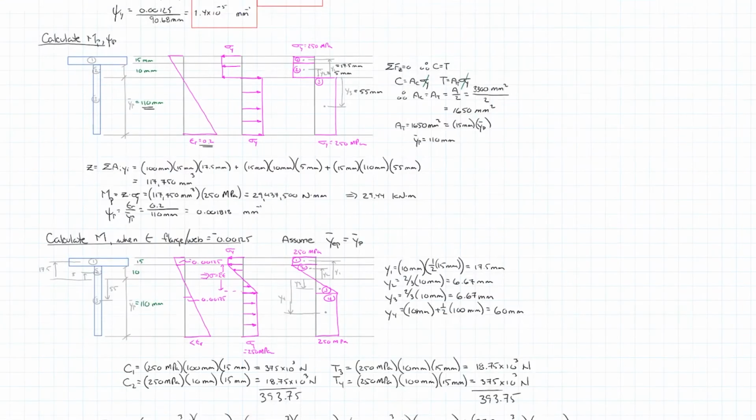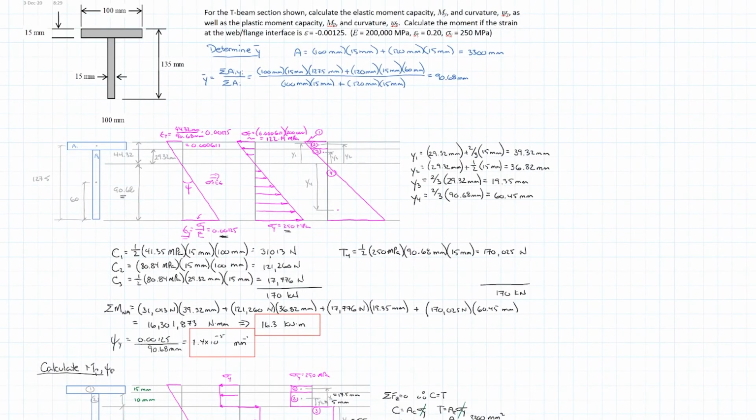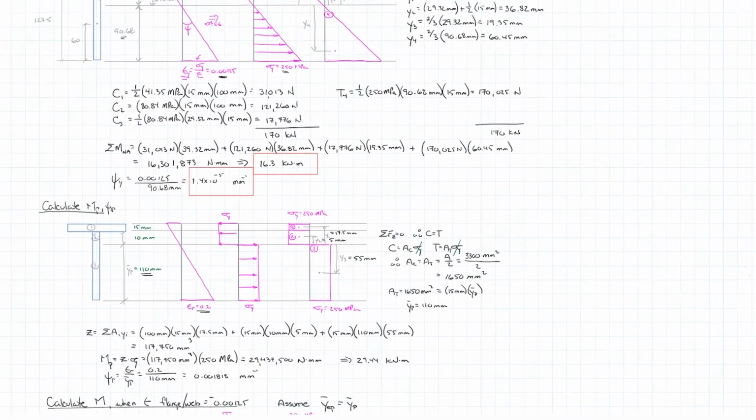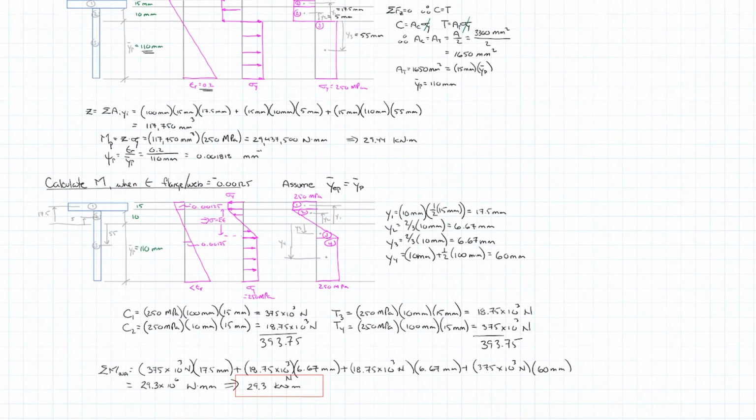So that's it. We have three conditions. We started with the elastic condition to get the elastic capacity of the cross section. We did the plastic capacity of the cross section, and we did some condition in between at a specific strain condition.